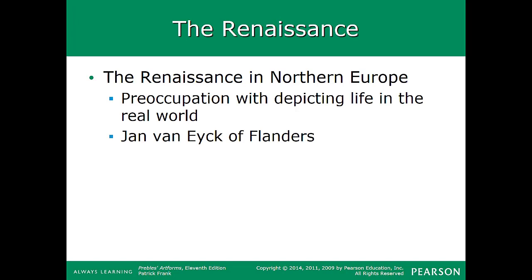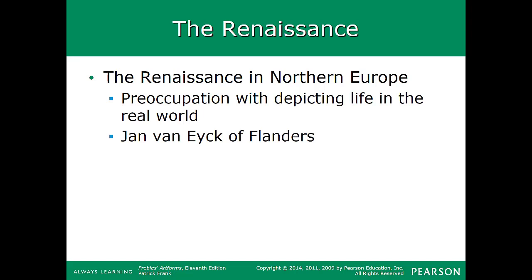And so now we're going to talk a little bit about the Renaissance in Northern Europe, slightly different from the Renaissance in Italy. When it came to these works from Northern Europe, there was a preoccupation with depicting life in the real world. And how does that differ from what we just looked at?